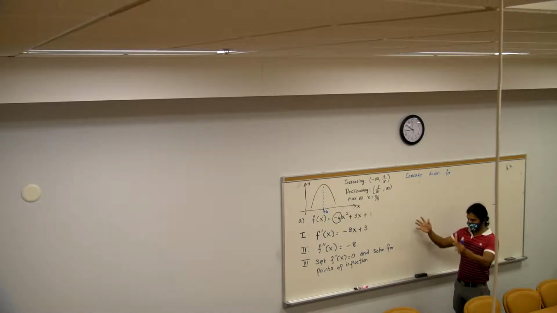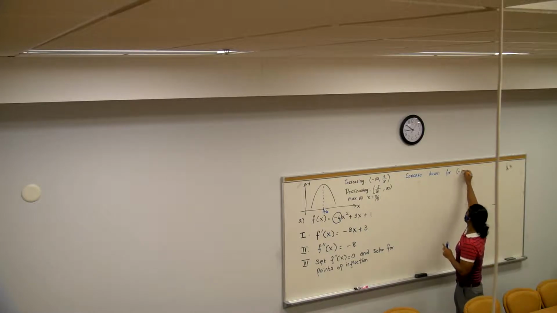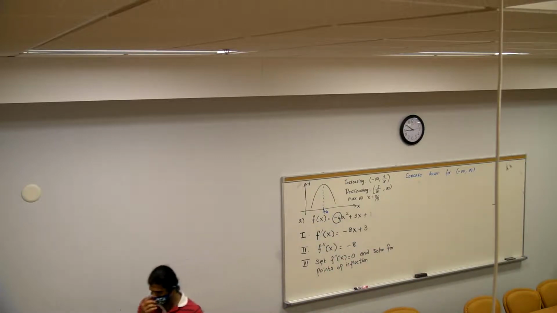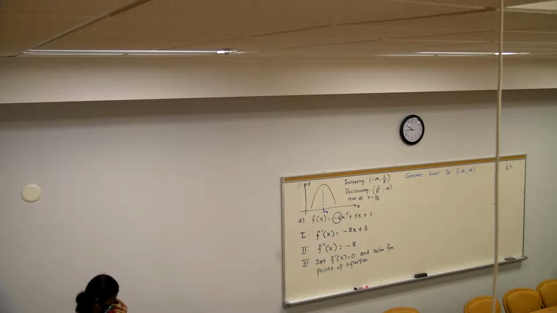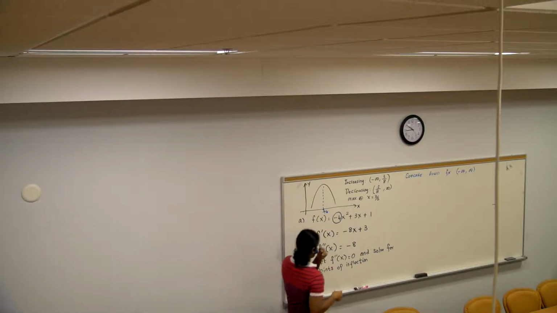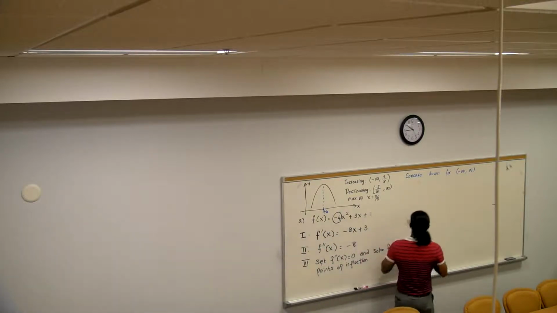For what values of x is this function concave down? Negative infinity to positive infinity, because it is concave down everywhere. I don't want to graph, because this is easy. The next problem, I'll show you how to use a graph.